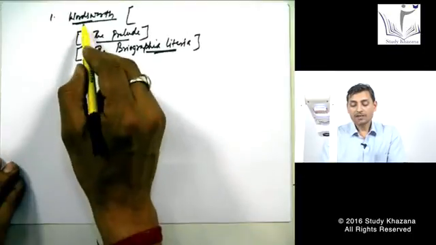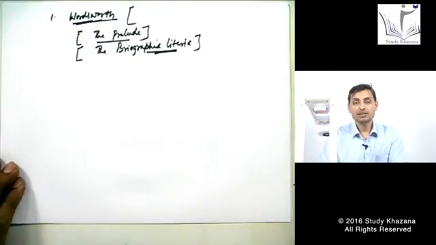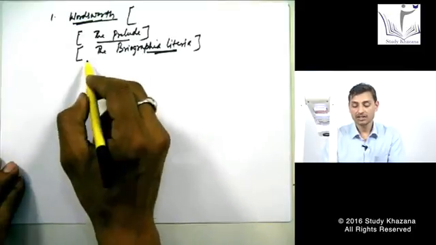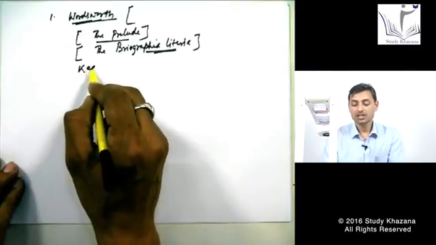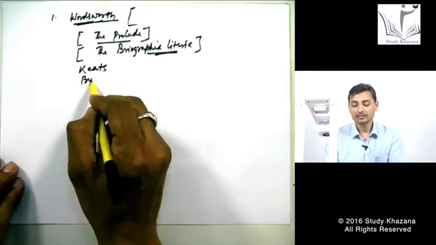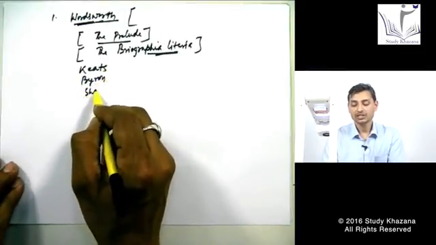Well, apart from these major romantic poets, there were junior romantics as well. Among the junior romantics, there are Keats, Byron, and Shelley.